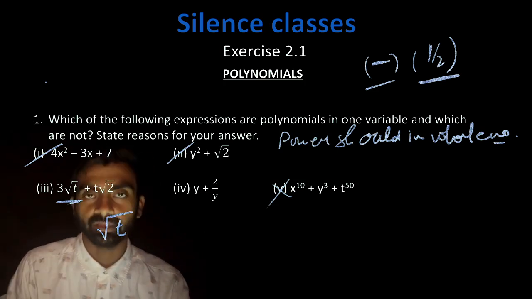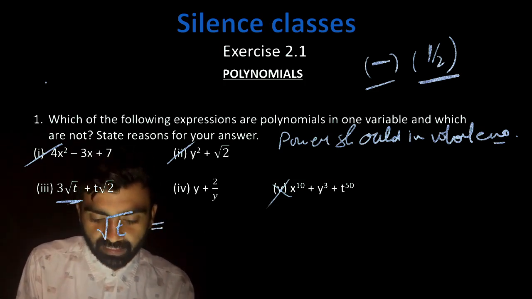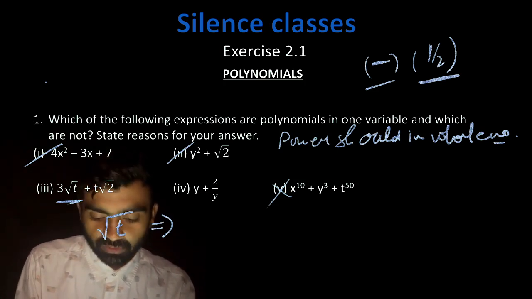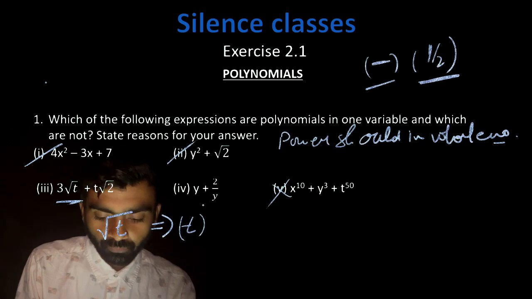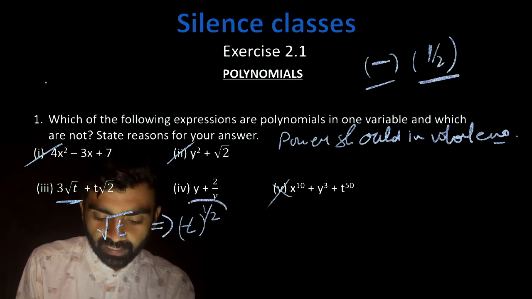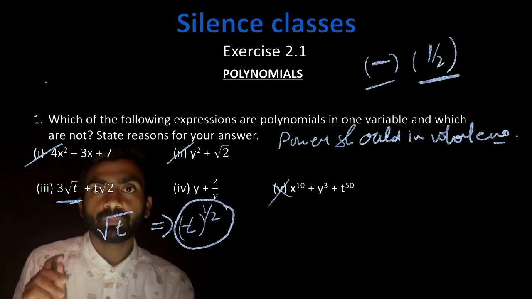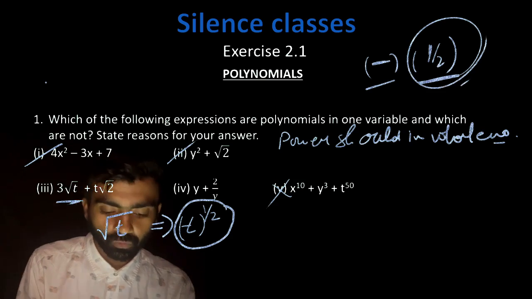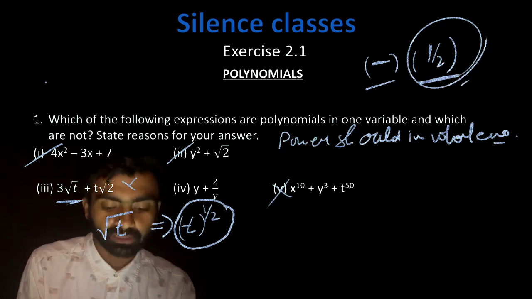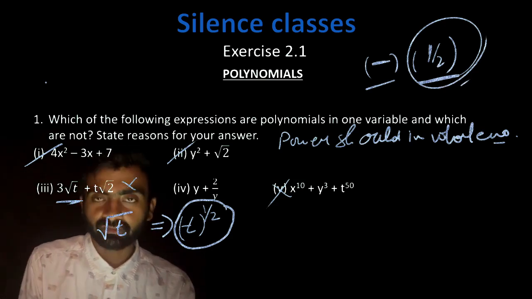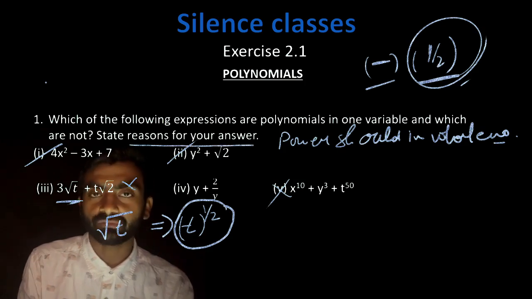Once you remove the root sign from the variable, it becomes t to the power 1 upon 2, and I have already told you that polynomials cannot contain a power in fraction. So you can say no, it is not a polynomial because the expression has a power in fraction. Because it is written to state the reason for your answer, we have to write down this reason.